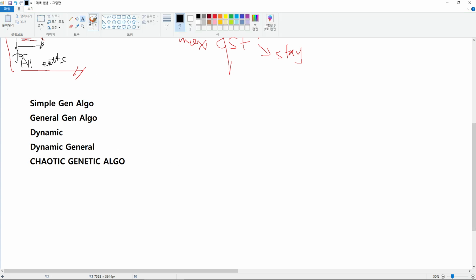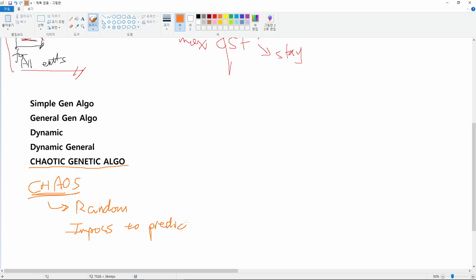Now, the whole idea of making things chaotic, the idea of chaos, it could maybe be related to having everything random, or impossible to predict on an individual basis, etc.